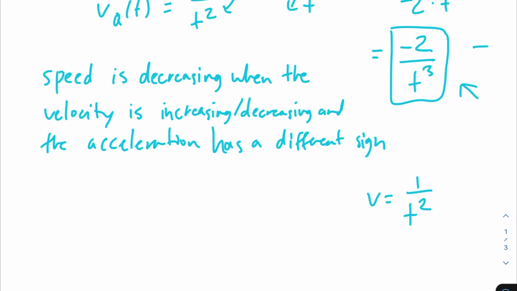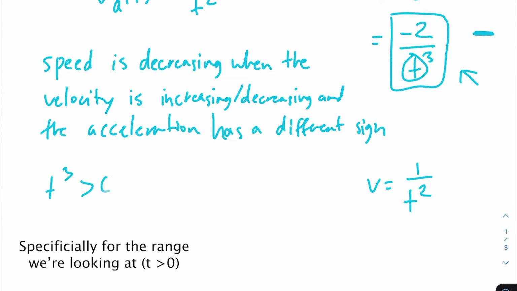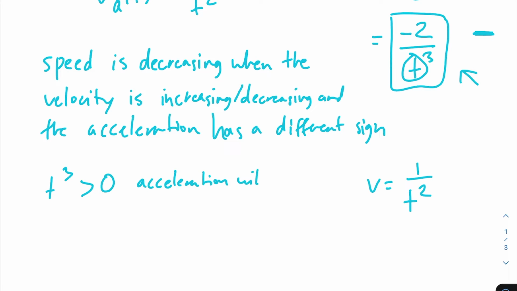Our acceleration is always going to be negative, regardless of what we put in for t, because we have that negative out front, and t cubed is always going to be greater than 0. It means the acceleration will always be negative.